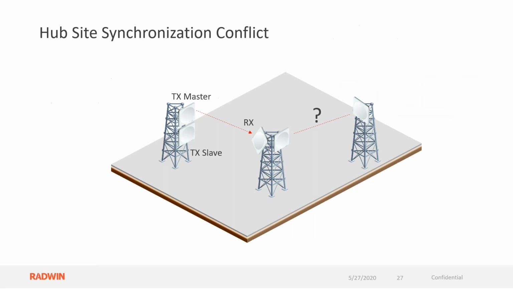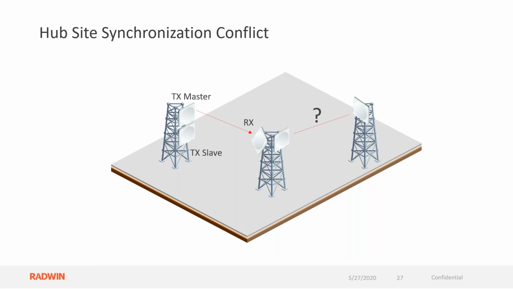So, remember the question: I can assume that when I have a tower which is synchronized with intra-synchronization, all the entities and devices under the same tower are getting the same clock from the master, and all of them are either transmitting simultaneously or receiving simultaneously.